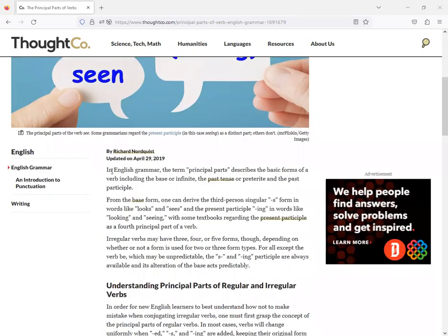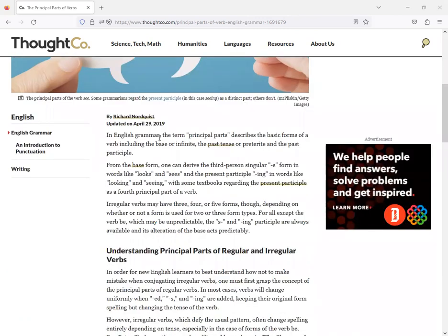So here in English grammar, the term principal parts describes the basic forms of a verb. Describe what? The basic forms, including the base or infinitive, the past tense, and what?